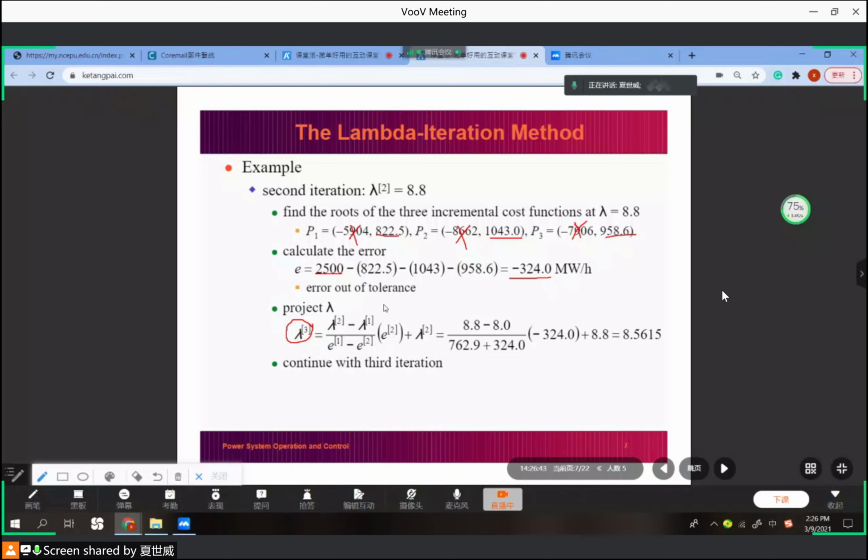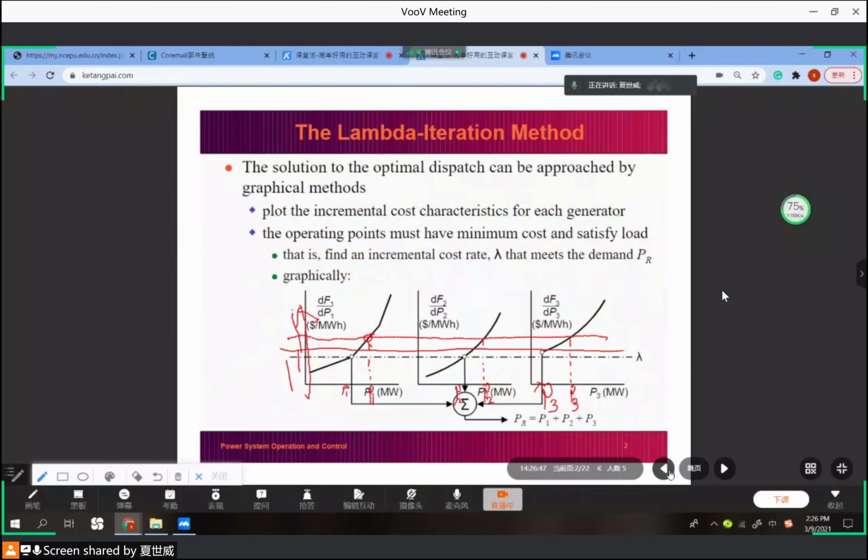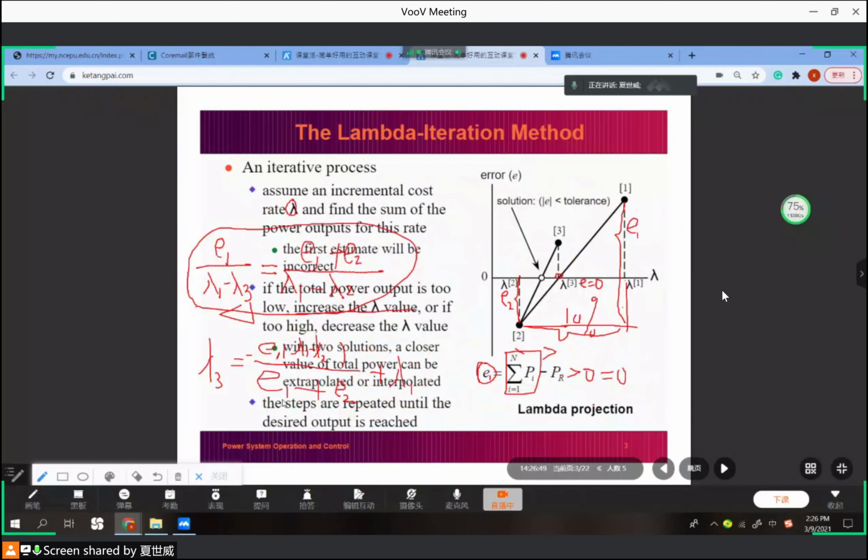You may find this a little different, because for extrapolate or interpolate, maybe you can use this over this, or you can use this over this. There are different expressions, but the physical meaning is the same. You can choose one type you like.